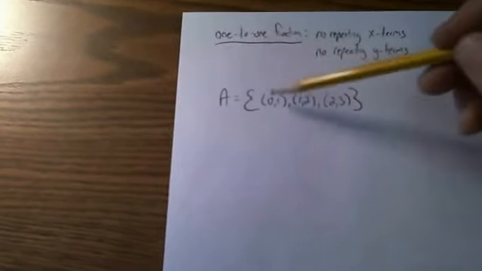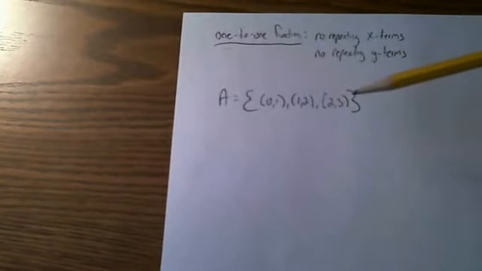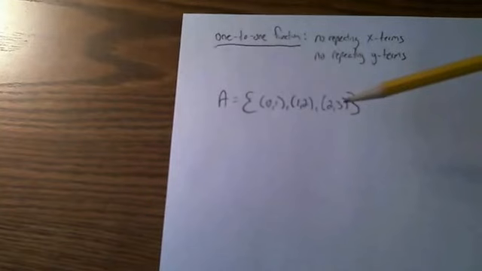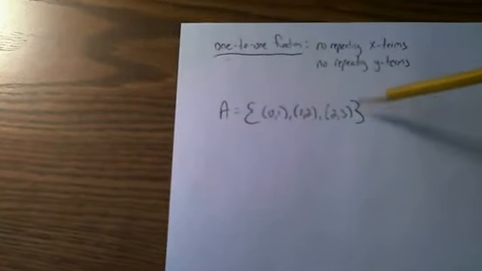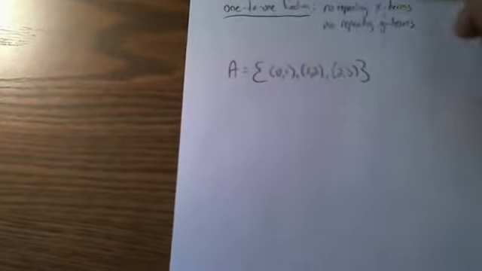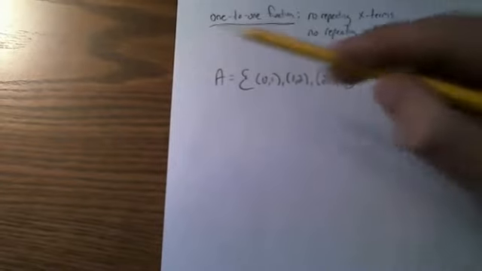Relation A is a function because there are no repeating x terms: 0, 1, 2. It's also a one-to-one function because there are no repeating y terms: 1, 2, 3. Let's express A as a mapping, and then we'll find A inverse and express that as a mapping to show why they call it a one-to-one function.